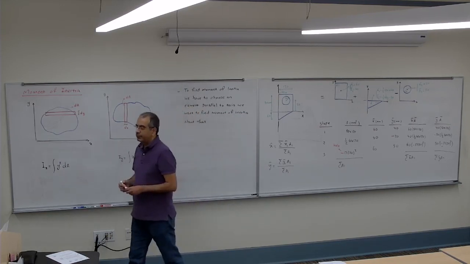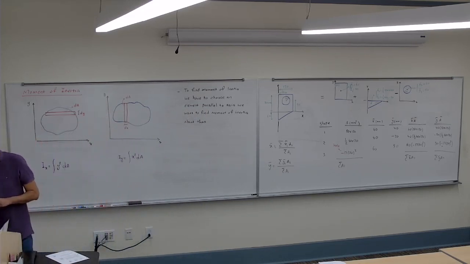If we want to find the moment of inertia about the X, we have to choose an element parallel to X. If you want to find it about Y, you have to choose the element parallel to Y.